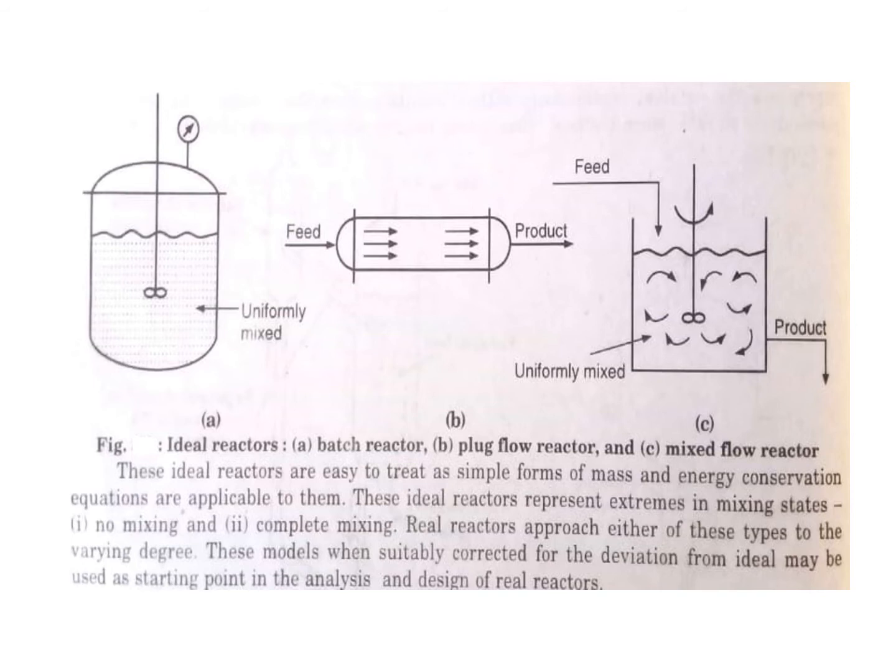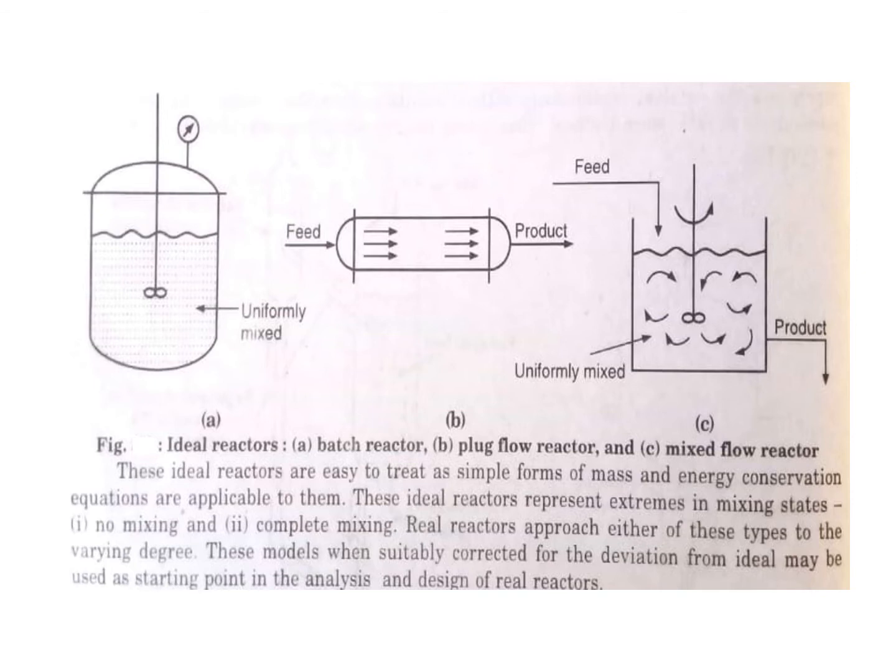These ideal reactors are easy to treat, and simple forms of mass and energy conservation equations are applicable to them. These ideal reactors represent extremes in mixing states: first, no mixing, and second, complete mixing.